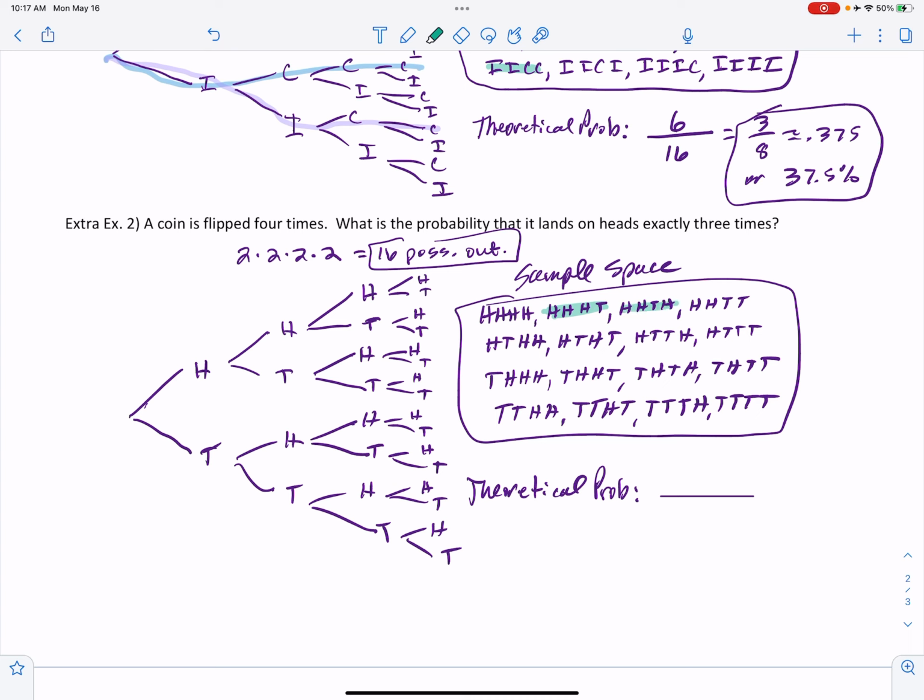Here's 3. 3. 3. And that's it. So there are 4 chances out of 16, which is 1/4, which is 0.25 or 25% of the time.